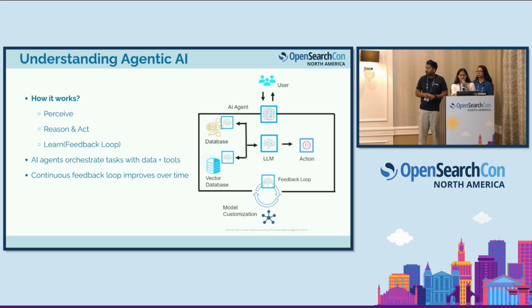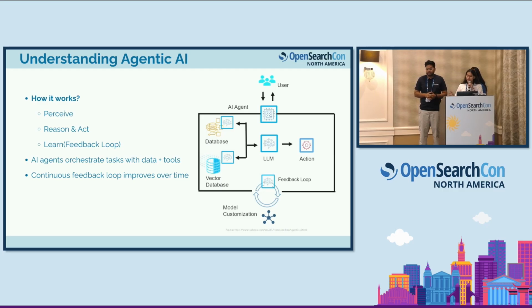Reason and act: a large language model works as the brain, coordinating specialized models or tools. Once a plan is made, the agent executes through APIs, automation, or external software, similar to how a human might decide what to do and then actually carry it out.